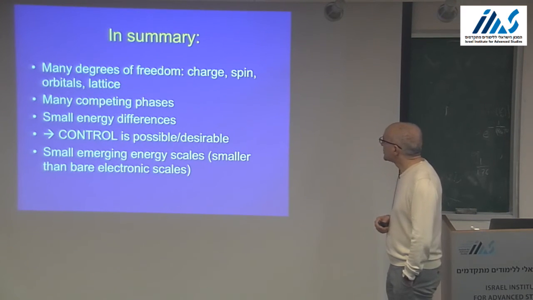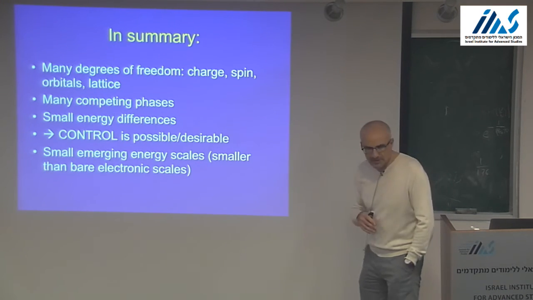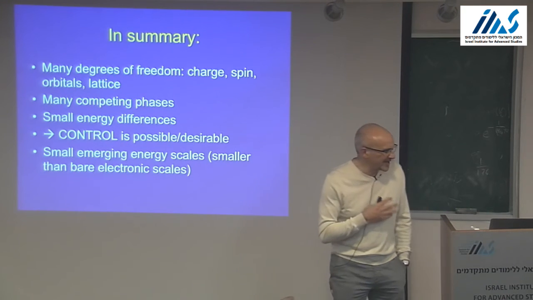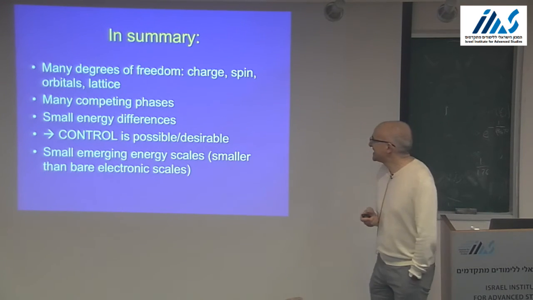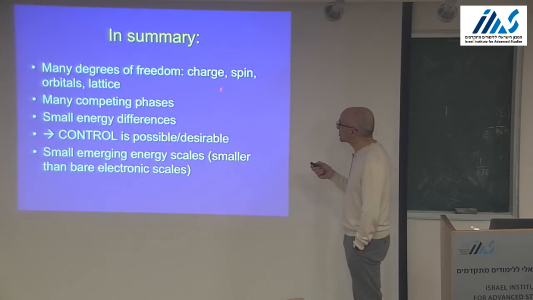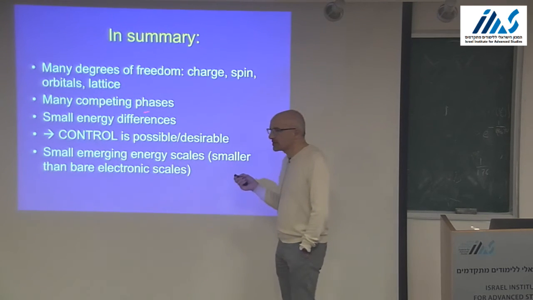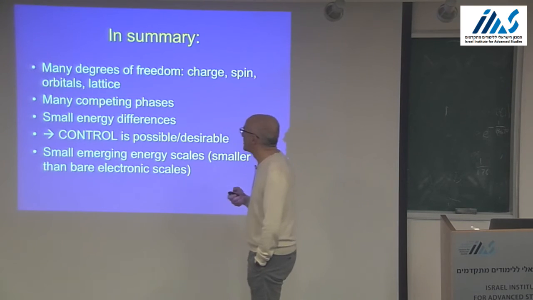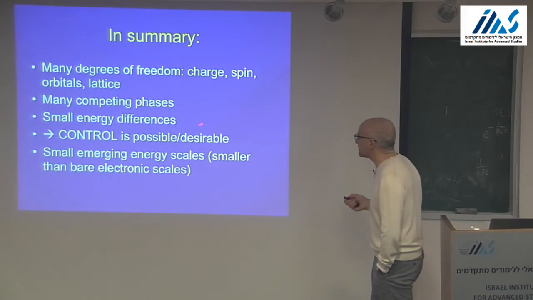Okay, so you will be welcome to ask more questions in the session tomorrow, end of the day. The summary of this, what was supposed to be the first third of my first lecture, is that these systems have many degrees of freedom: charge, spin, orbitals, and also lattice, which I didn't talk about at all. Up to now, many competing phases.